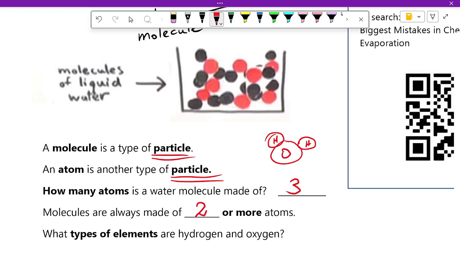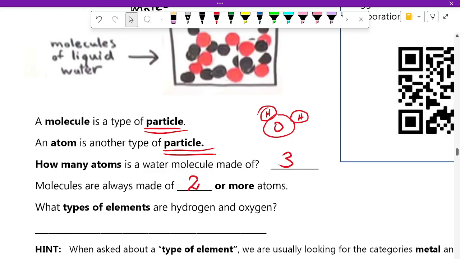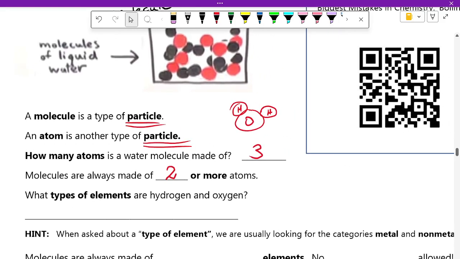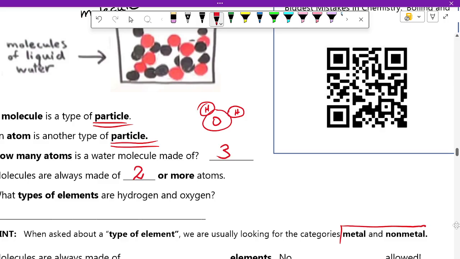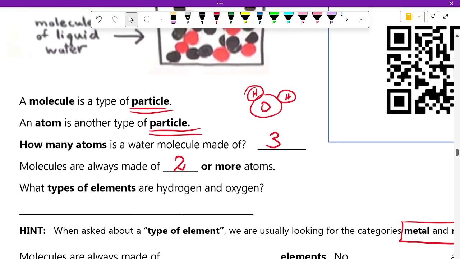What types of elements are hydrogen and oxygen? When we are asked about a type of element, we're usually looking for metal or non-metal. And are hydrogen and oxygen metals? No. So if you can say, okay, it's not like zinc or iron or things that I know are metals, so those must be non-metals.